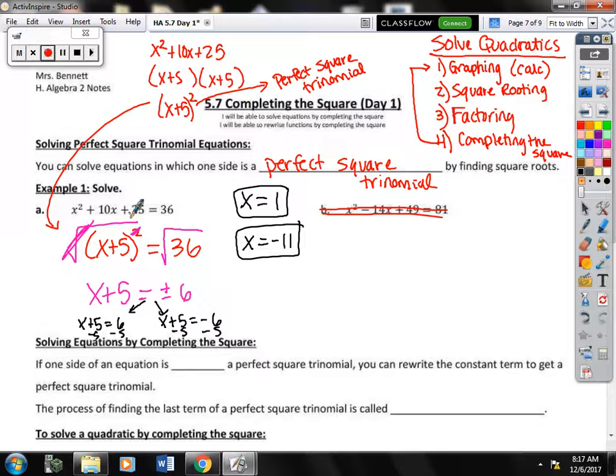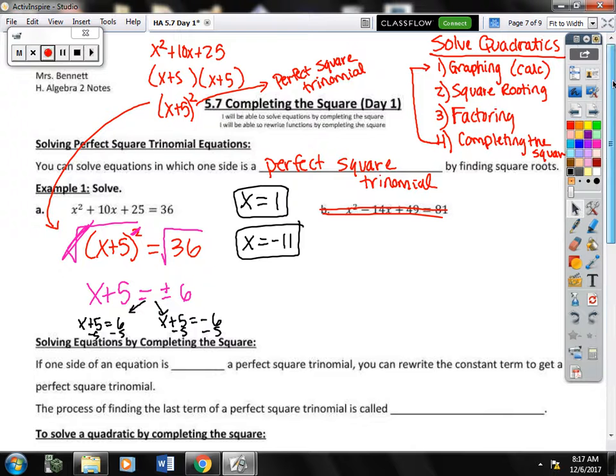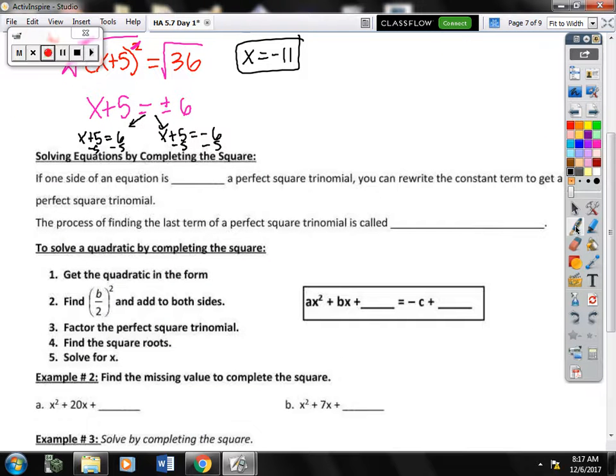What we're going to look at below is when we have equations that are not factorable. And that's when completing the square is really useful, when they're not factorable and they're not square rootable to begin with. All right, so if one side of an equation is not a perfect square trinomial, you can actually rewrite it to force it into being one.